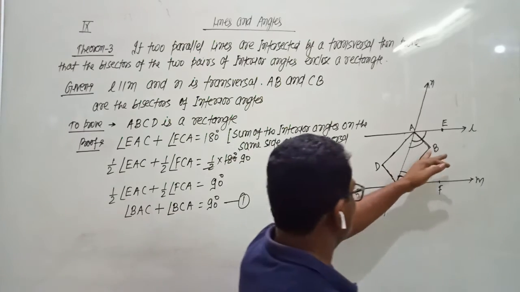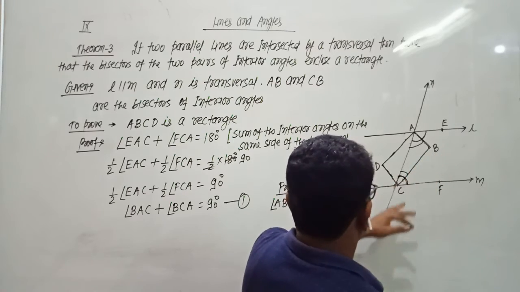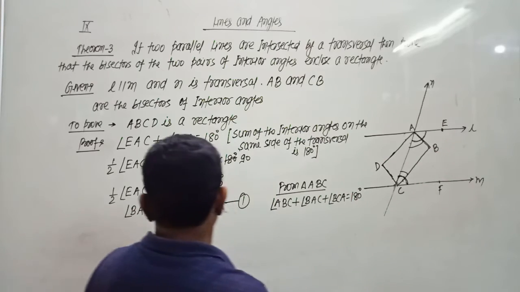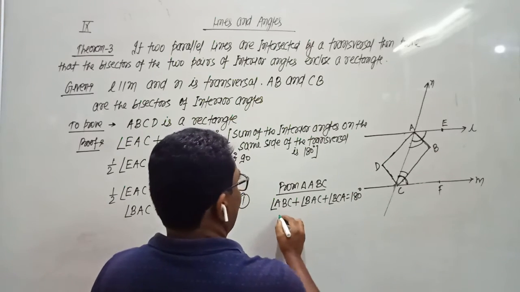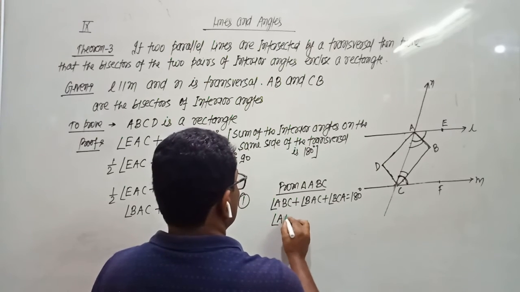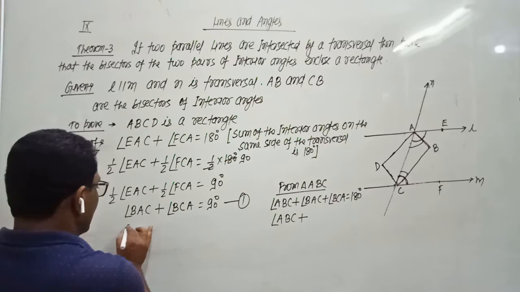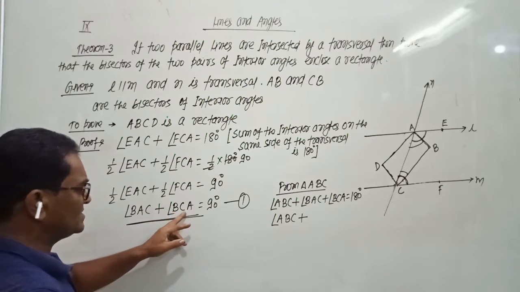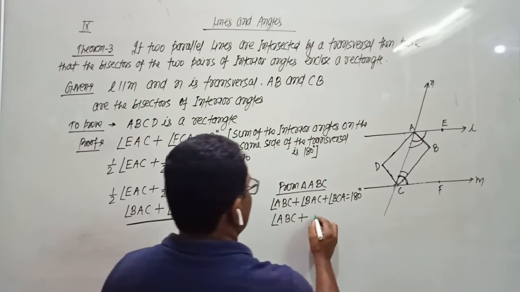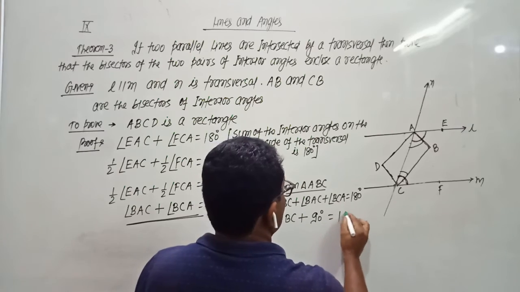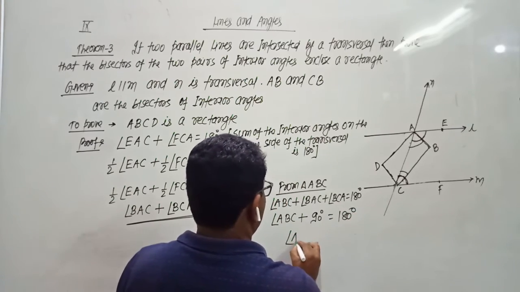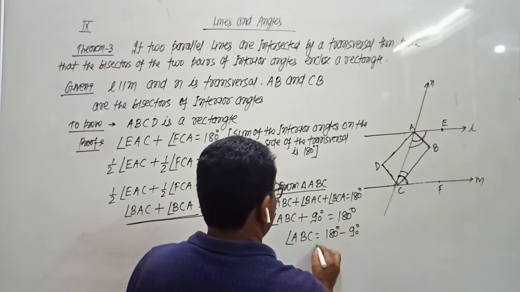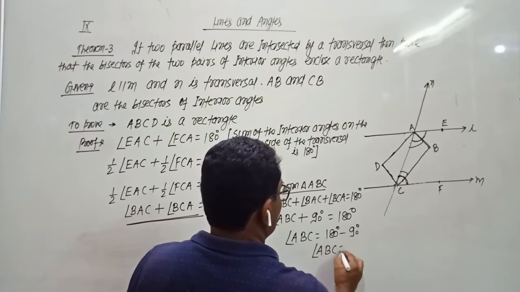Now angle ABC plus, putting the value of angle BAC plus BCA as 90 degrees, equals 180 degrees. So we get angle ABC equals 180 minus 90 degrees, and angle ABC equals 90 degrees.